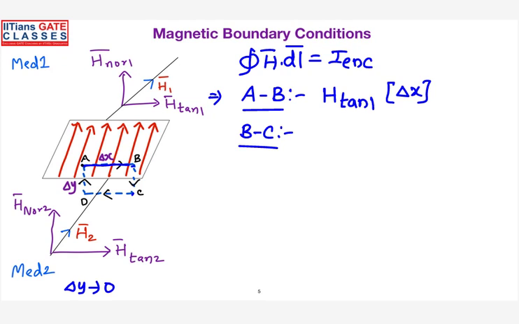In that case, what will be the value? Again it will be 0. What will be the reason? Because the dot product... they are perpendicular. Exactly, perpendicular. Correct.